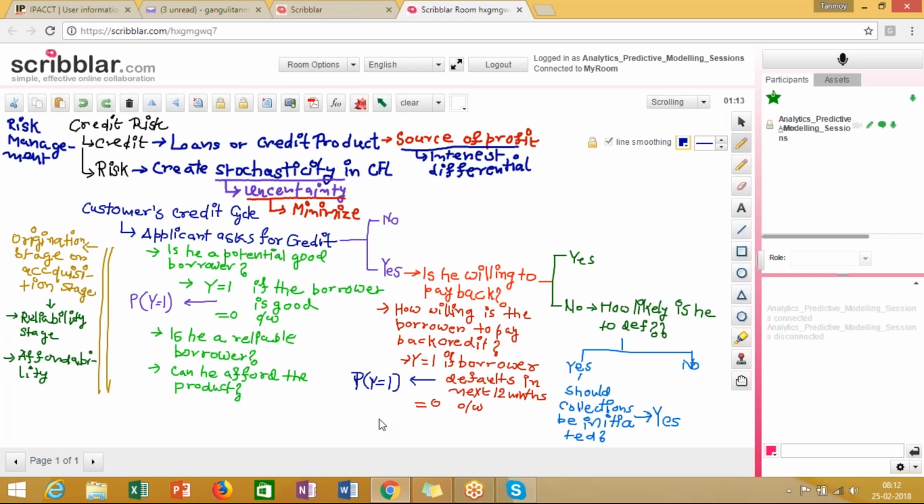And over here at this behavior stage, this is the stage of behavioral modeling or the account management stage.